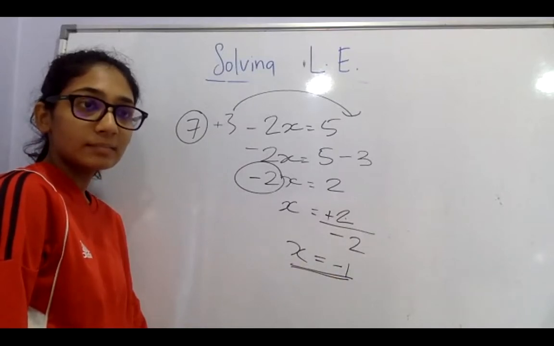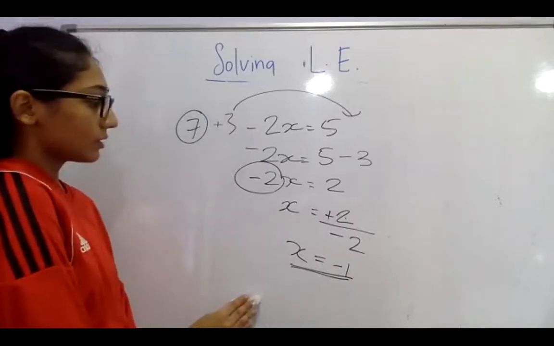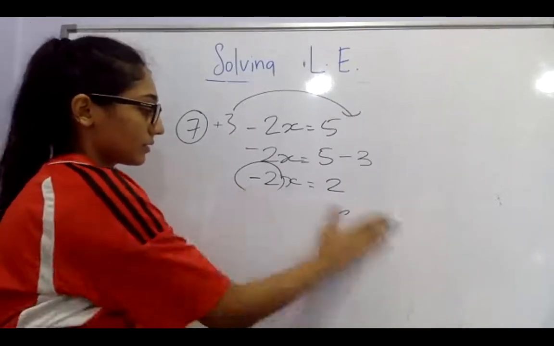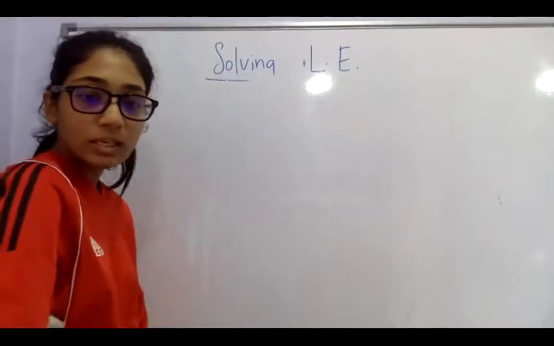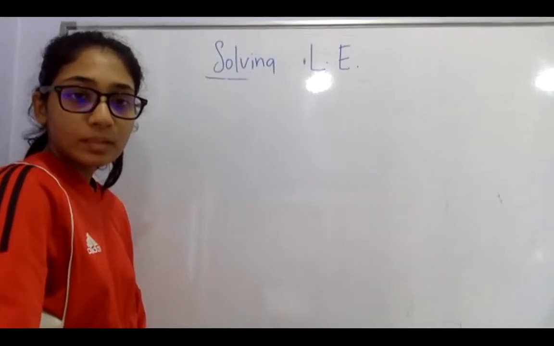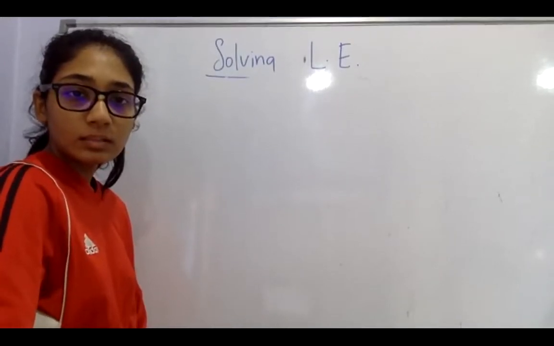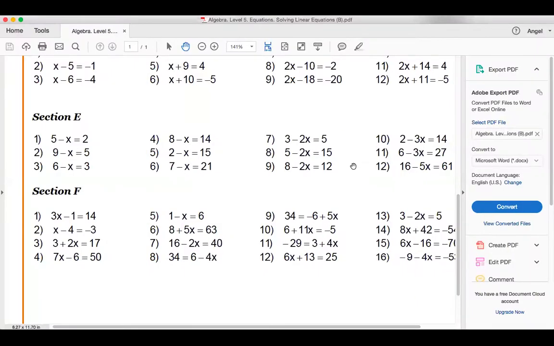Akshara, can you understand? Yeah. Okay. That's how we do it. Let's say I take another question from section E. Question 12. Okay. 16 minus 5x equals to 61.